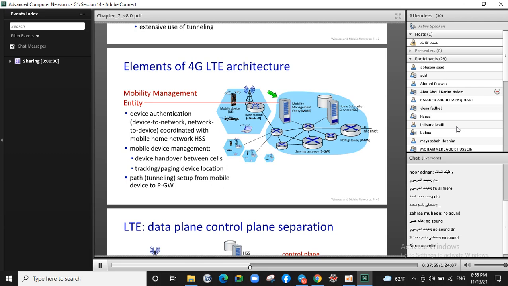Okay. And in the mobility management entity, as I said, when I'm moving from one network to another network, using an MCI SIM card and another SIM card, I have two SIM cards.